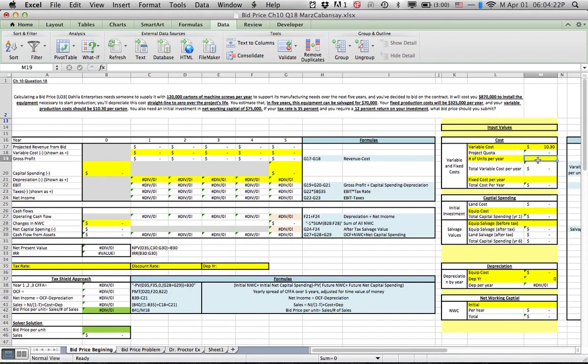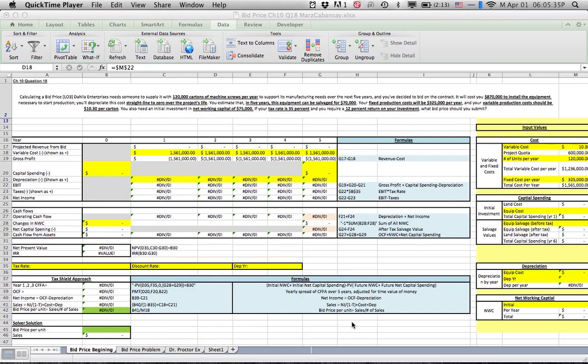The number of units per year is 120,000, which gives us a project quota of 600,000, which gives us the total variable cost per year of 1.236 million. And then our fixed cost per year will be the 325,000 per year, which shows the variable cost being populated over here in yellow.